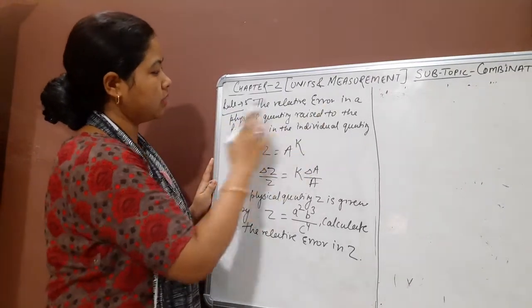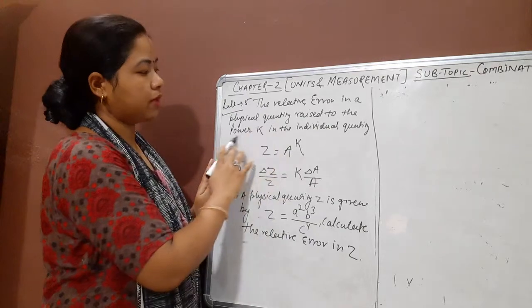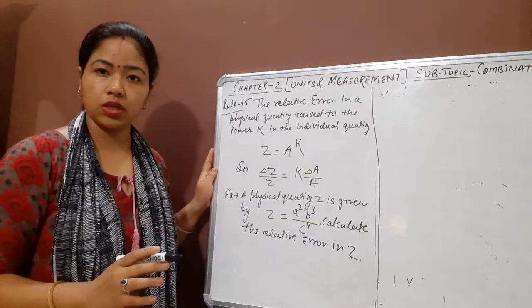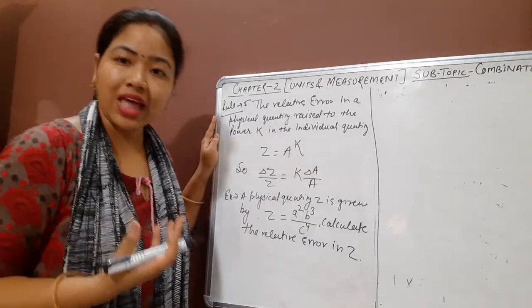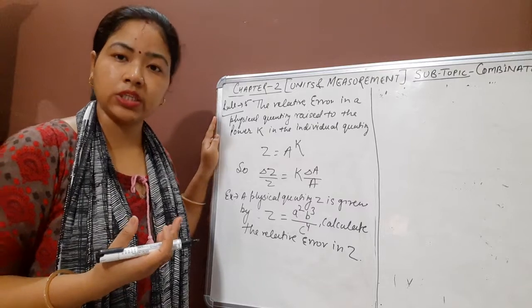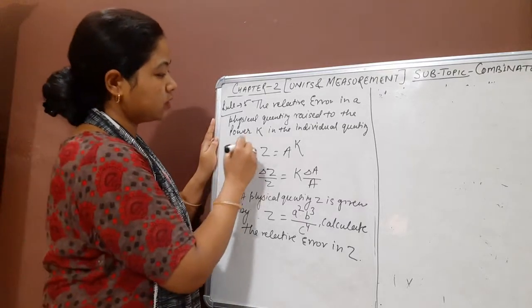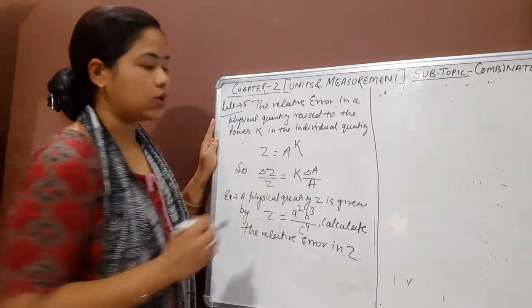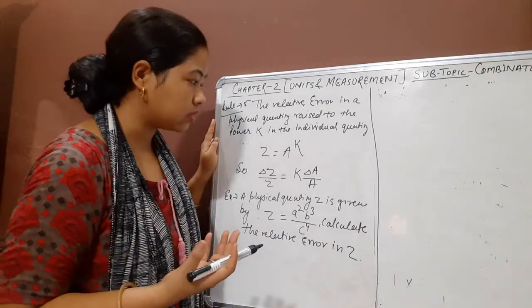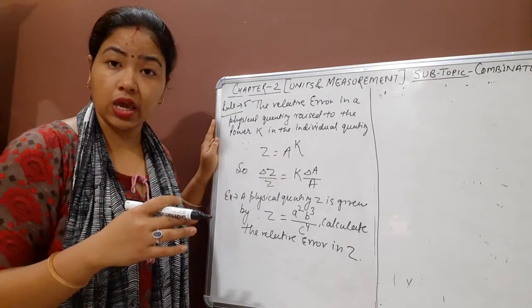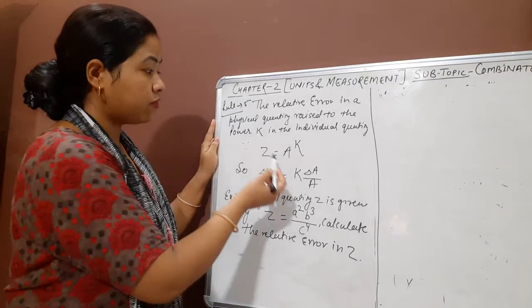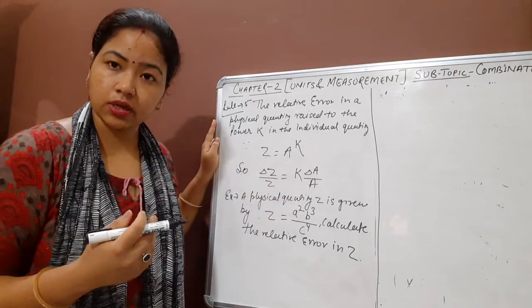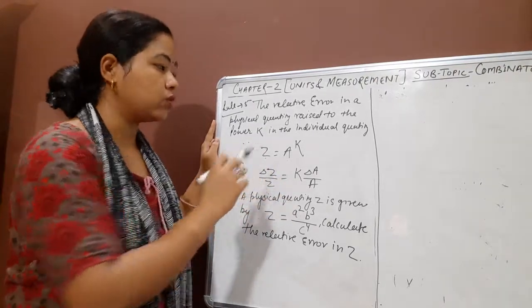The relative error in a physical quantity raised to the power k in the individual quantities. So how will we write that quantity in terms of relative error? If we have z equals a to the power k, that means when we raise the power of a up to k, the final result is z. Now we have to write this value in relative error form.